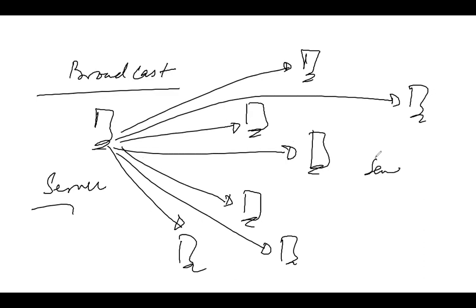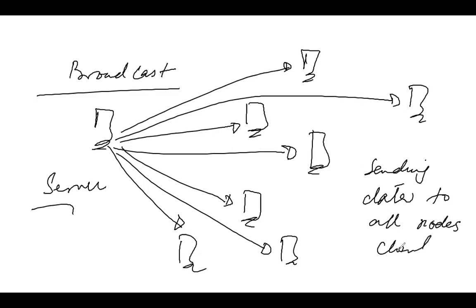So it is sending data to all nodes, or you can say to all clients, not only to a group. And this is the broadcast communication.